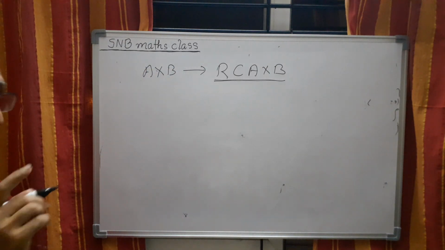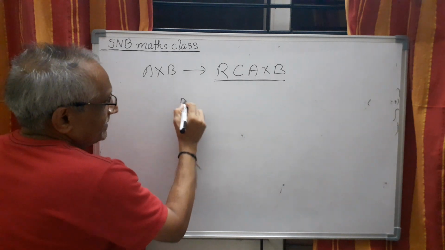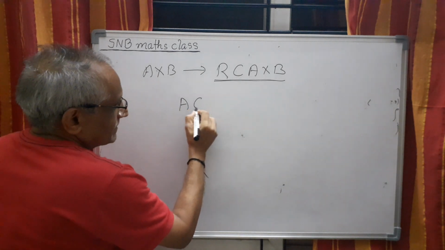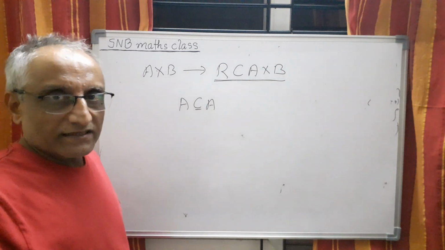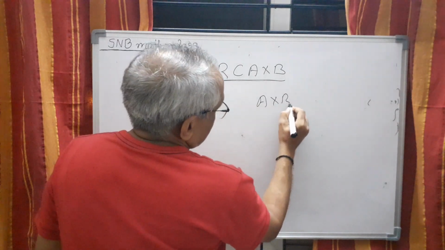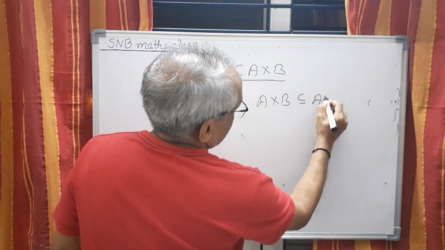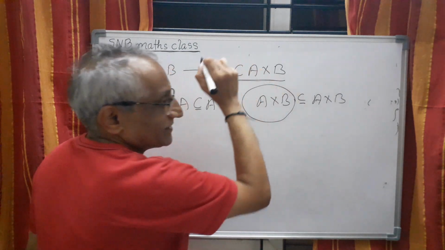Now last year in the first chapter, Sets, you studied that any given set A is a subset of itself. Therefore, this A cross B is also a subset of A cross B. Hence, by definition, this is also a relation.